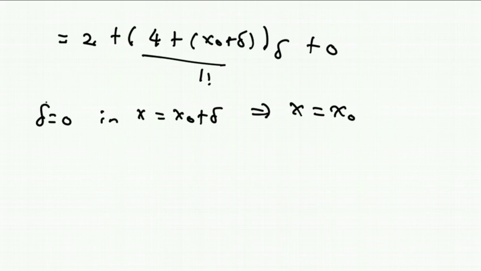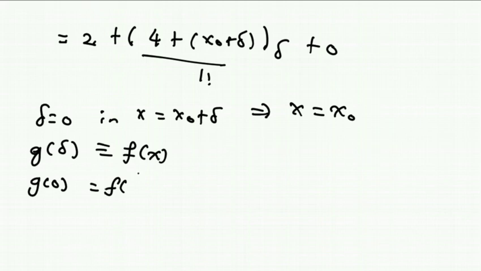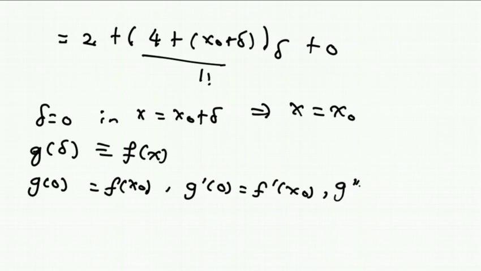Because we said earlier that g(delta) is an identity to f(x), we can have something like this: g(0) is actually f(x naught), g prime(0) is actually f prime(x naught), and g double prime(0) is actually f double prime(x naught).